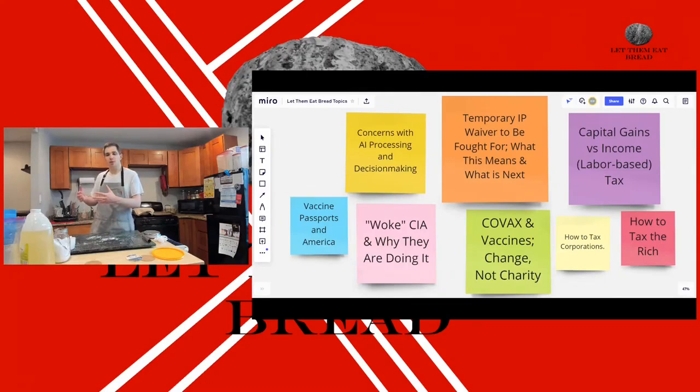So the value of your labor is essentially assessed as more tax-worthy than the value of passive income.